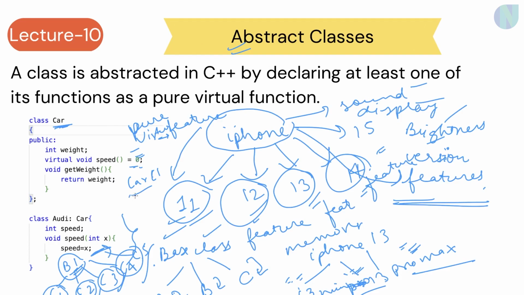So there is no use of creating an object of this particular class. Rather, what you can do is inherit all the properties of the abstract base class into derived classes, and then you can make objects of these derived classes. So this was all about abstract classes in this video. I hope you have a good understanding of abstract classes from this video.